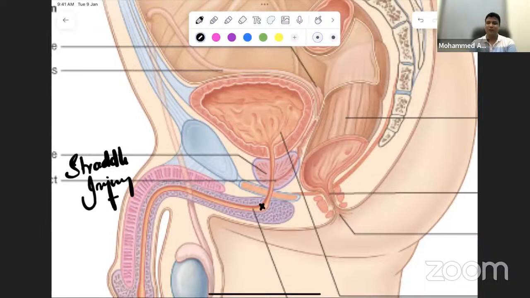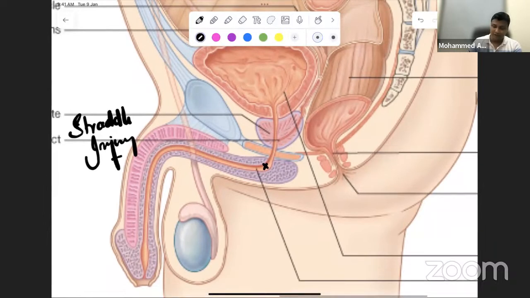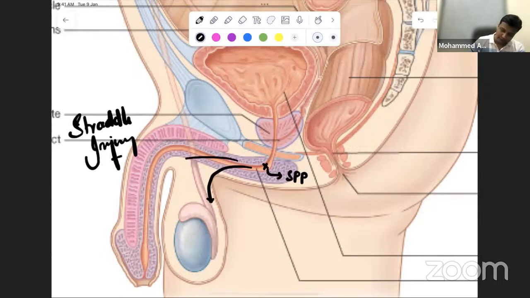Now, I told you just now here that what is this perineal pouch? This one will be the superficial perineal pouch. So urine will extravasate out into the superficial perineal pouch. Okay, ji. The urine will also go into the scrotum here. Okay, ji. Then the urine will also go into the penis here, sir, the shaft of the penis here.